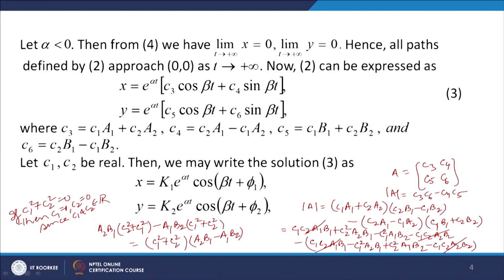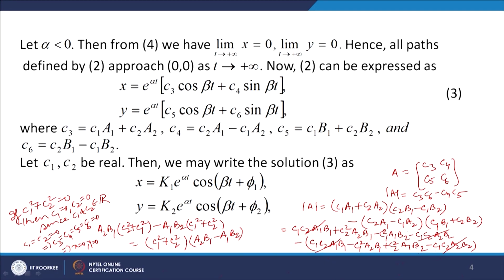We will get c3 equal to 0, c4 equal to 0, c5 equal to 0, c6 equal to 0. So, c1, c2 equal to 0 imply c3, c4, c5 and c6 all are zeros, which implies that x is equal to 0, y equal to 0. So, we get a trivial situation. So, c1 square plus c2 square cannot be 0.